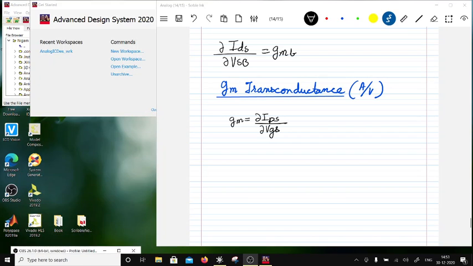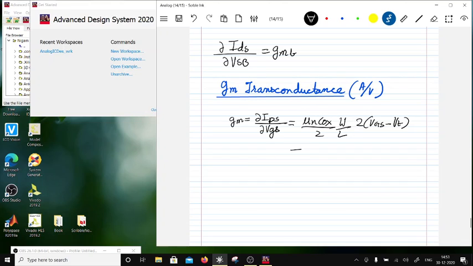Fine. In this case, let's just consider IDS is mu n COX by 2 W by L into V overdrive square, or VGS minus VT square. So twice of VGS minus VT will come in, and then again dou VGS, with respect to VGS.